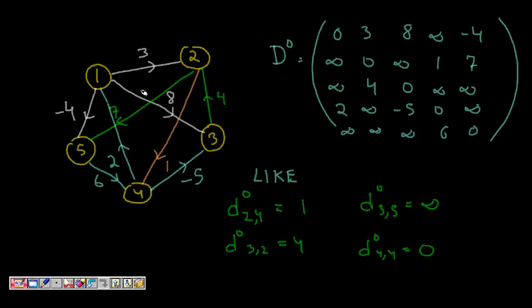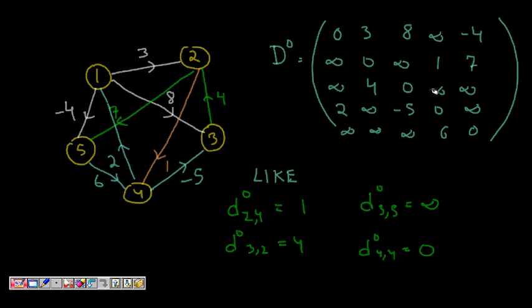So I have a graph. Nodes 1, 2, 3, 4, 5 are there and weights are assigned. The weight from a node i to i itself is 0 because it is itself, and if two nodes are not connected, its weight is infinity. So this is the representation of the adjacency matrix.